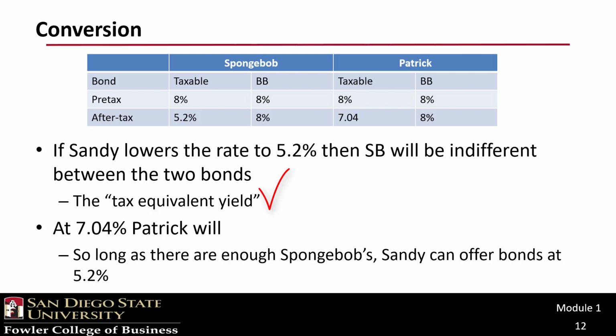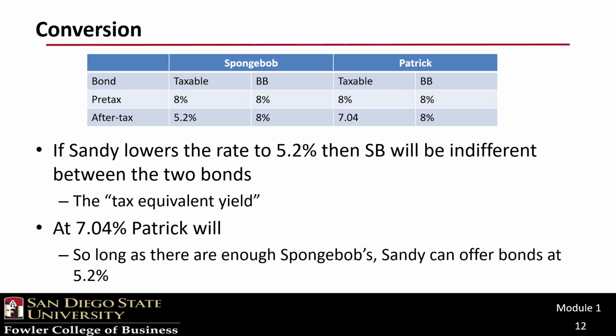But at 5.2, Patrick, well, he's a little less interested. So at 5.2%, Patrick wouldn't be interested because he's going to take the taxable bond. But at 7.4, that's Patrick's tax equivalent yield.